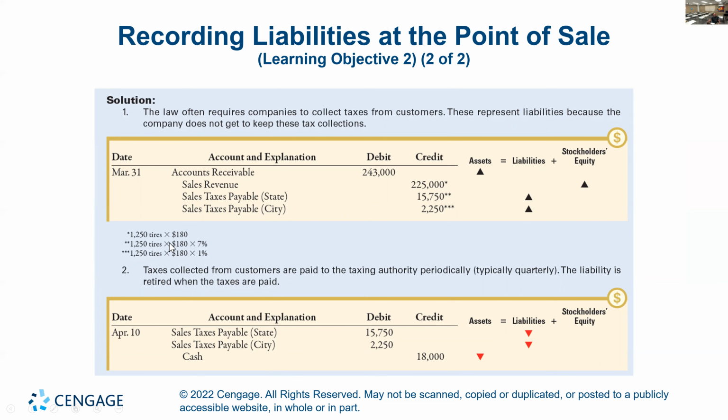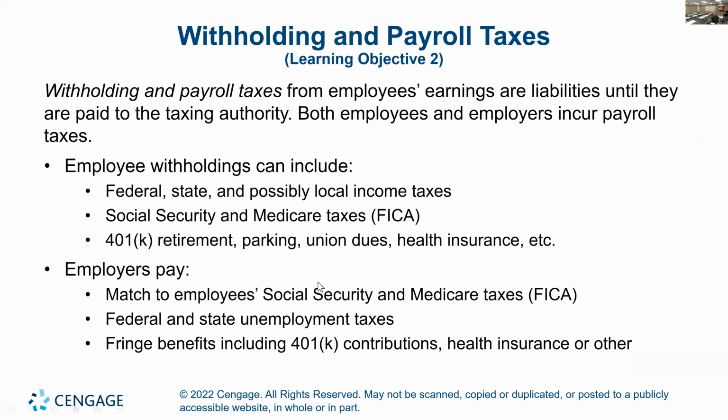So you take the tires' price, the revenue, multiplied by the percent, 7% for the state, 1% for the city, add them on, and then we're going to send out a bill to our customers for $243,000. Okay. And then once we collect from the customer, then we will turn around and pay the sales tax to the state and the city for that customer. Okay, so we receive the cash when they paid off this receivable up here. And then we turn around and pay off the corresponding liabilities.